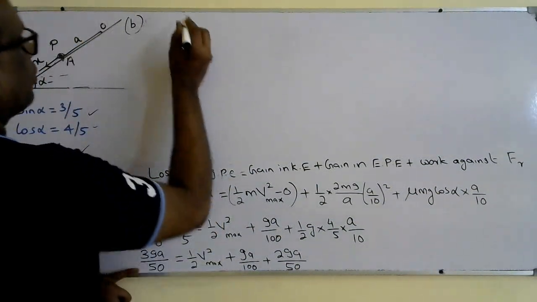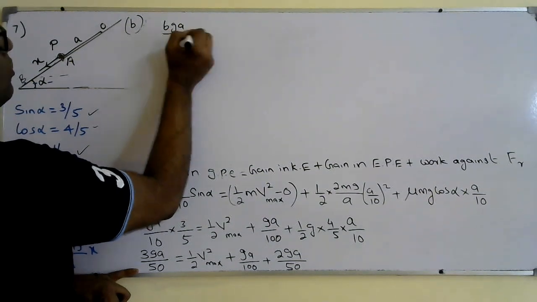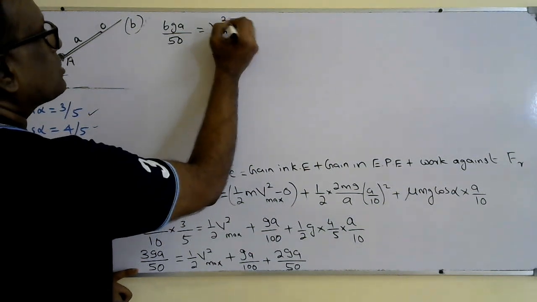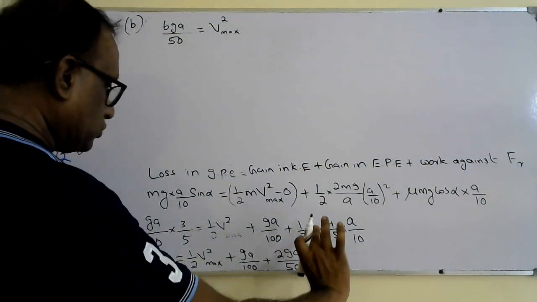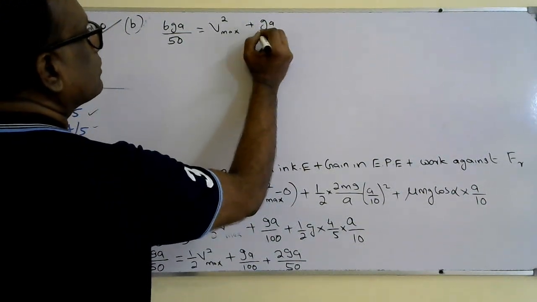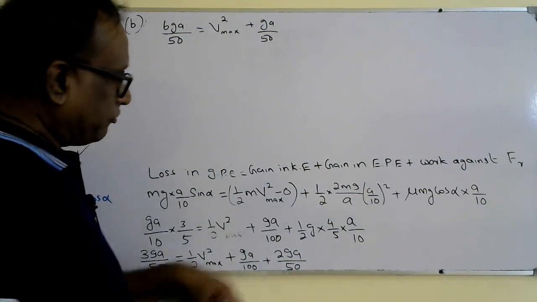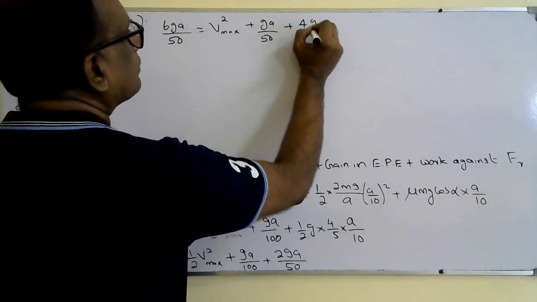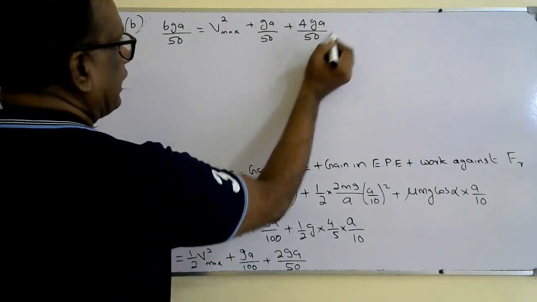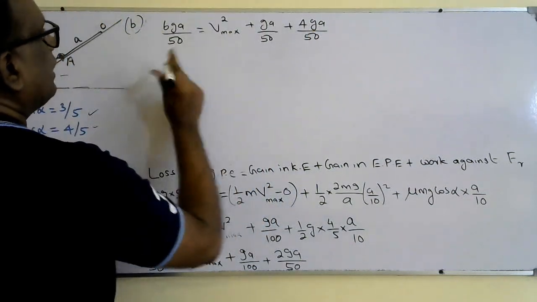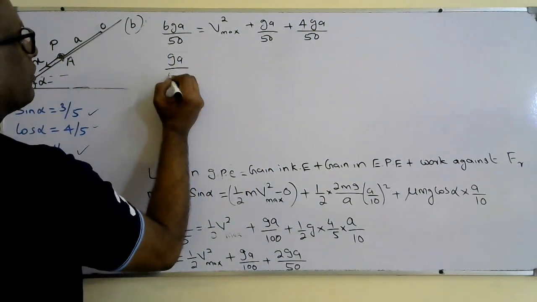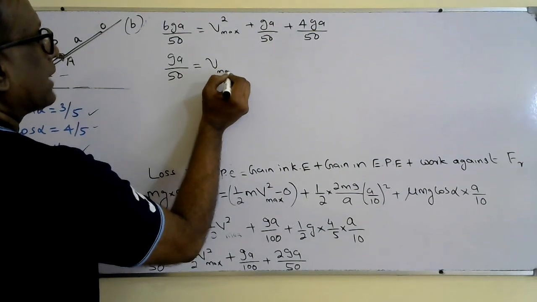It will become 6gA over 50 is equal to v max squared. Here 2gA over 100 means gA over 50, so this will become 4gA over 50. So the right side 4gA over 50 plus gA, 5gA over 50. So 6gA over 50, bring it to the left. It will become 6gA over 50 minus 5gA over 50, gA over 50 equals v max squared.